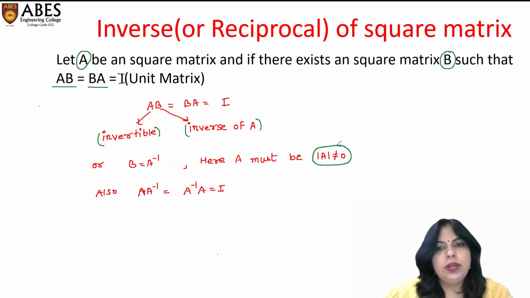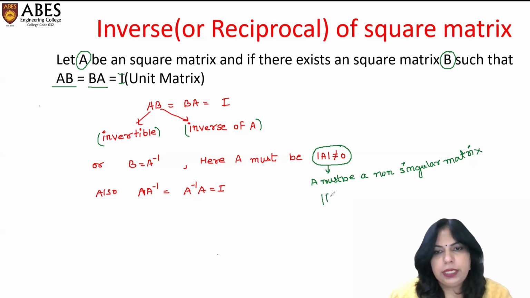If A is a non-singular matrix, then only its inverse exists. So here A must be a non-singular matrix. It means if you find the determinant of A, it should not be equal to 0.